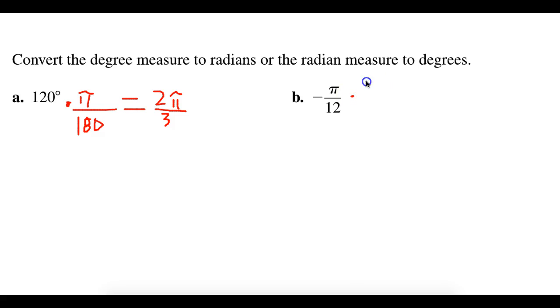To go from radians to degrees, we just do the opposite. We just multiply by 180 over pi. You're going to see that the pi's cancel out here, and you're going to be left with negative 180 over 12. If you divide that by 6, you're going to get negative 30 over 2, which ends up being negative 15 degrees.